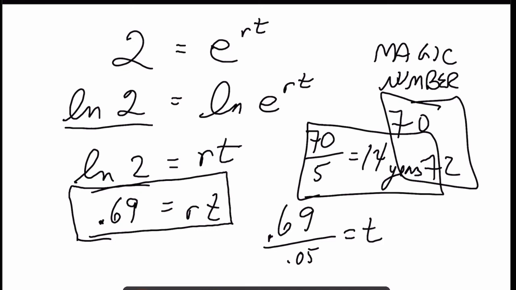With this magic number, you've been doing natural logs in e to the RT, and you didn't even realize it. Okay? Natural log of 2. All right.